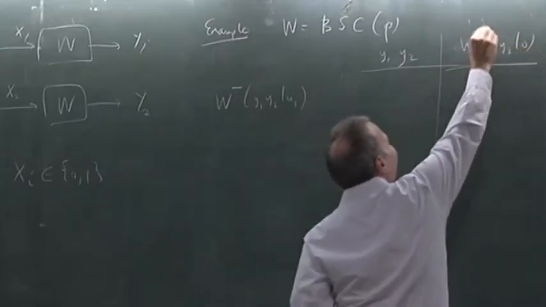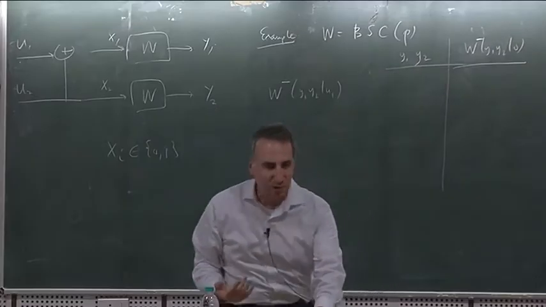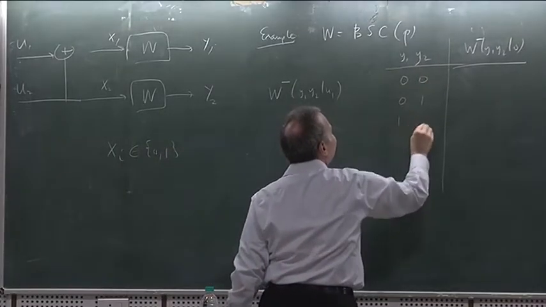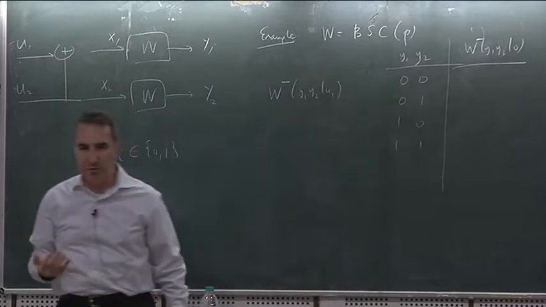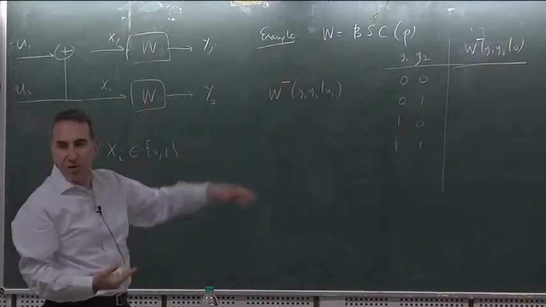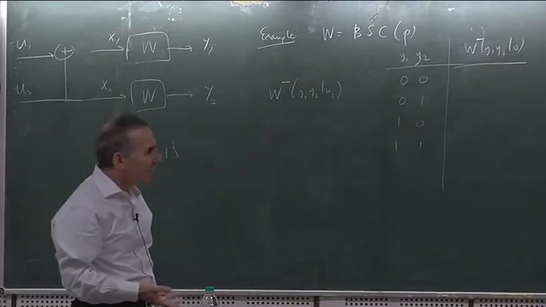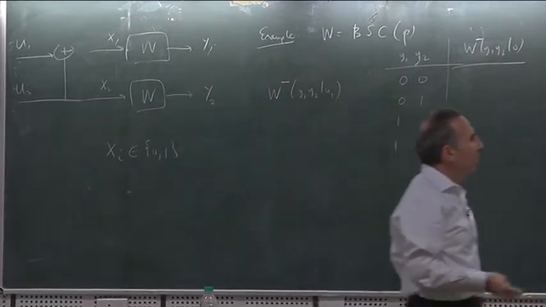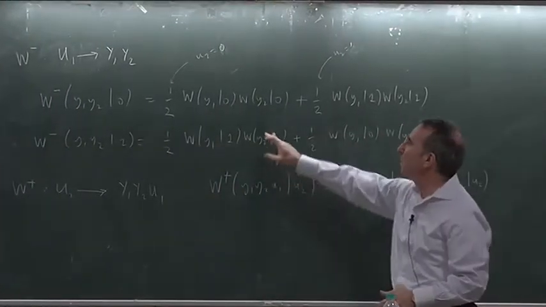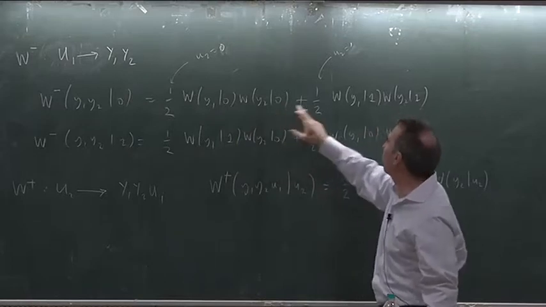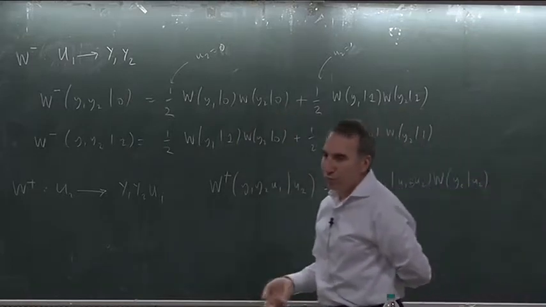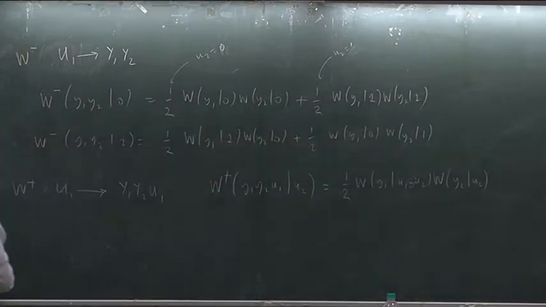W minus of y1, y2 given 0. The possible values are these, what you might receive as y1, y2. Okay. So what are these probabilities conditioned on a 0 being sent? If the 0 is sent, either you send 0, 0 across both channels, or 1, 1 across both channels. Okay. So to receive 0, 0, there are two things.